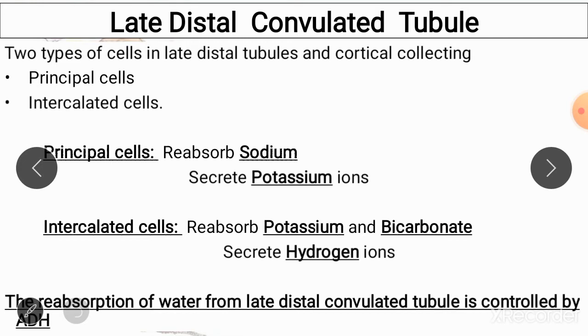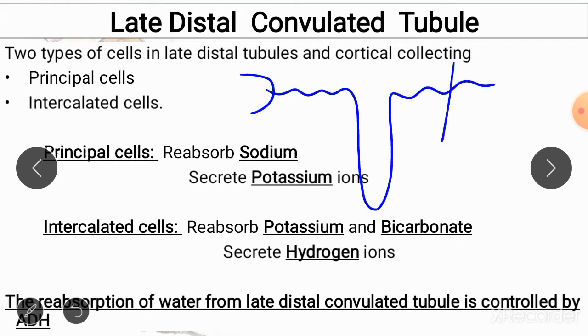You must remember that this is your nephron, and this is your proximal convoluted tubule, your descending thin limb, your ascending thin limb, your ascending thick limb, then your early distal convoluted tubule. Your proximal convoluted tubule and descending limb were permeable to water.